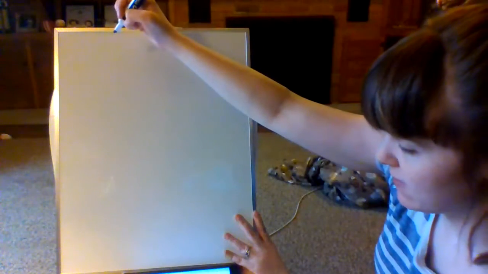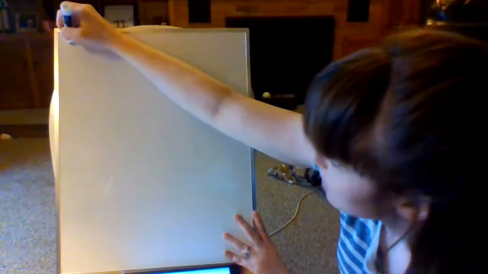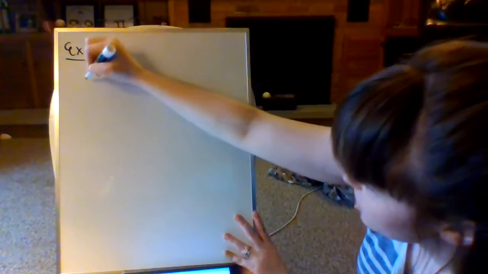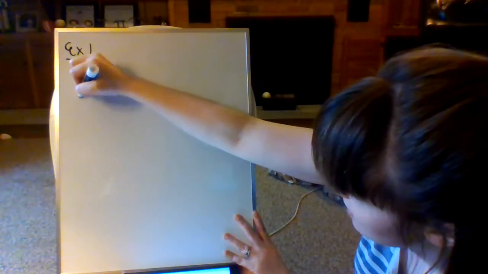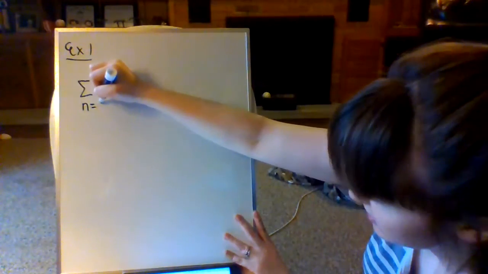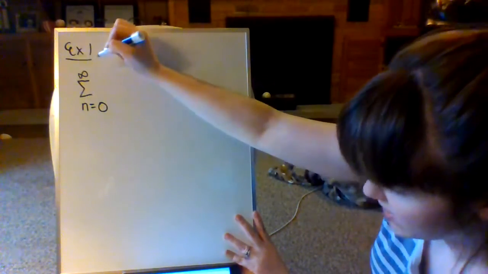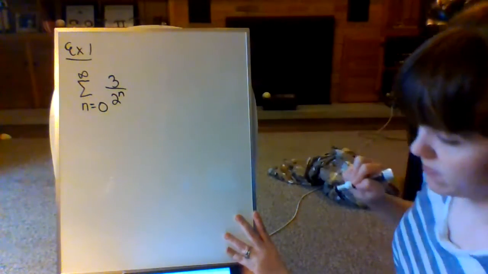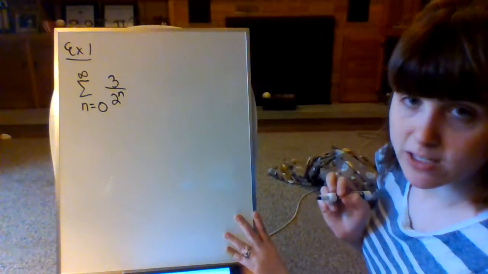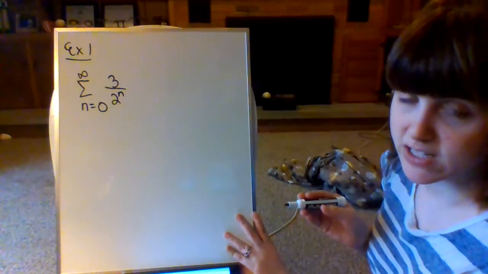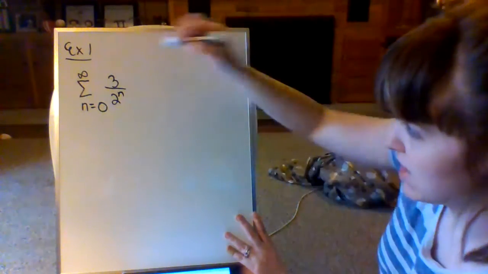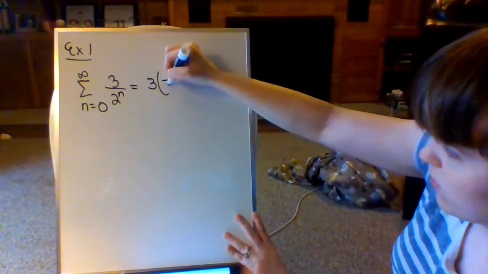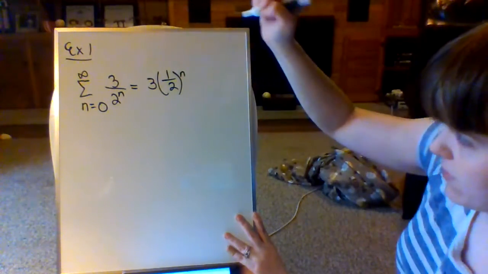Alright, so we have example 1. We have this geometric series: n starting at 0 to infinity, 3/2 to the n power. Now we're going to rewrite this because right now it's a little confusing as to what your ratio would be. So I'm going to rewrite this to be 3 times 1/2 to the nth power.